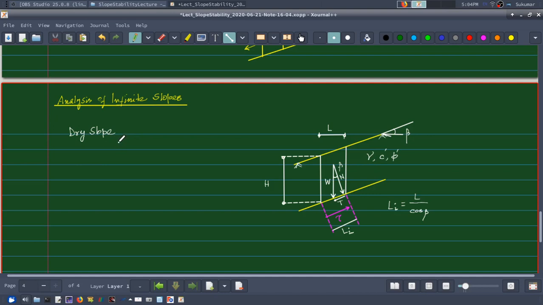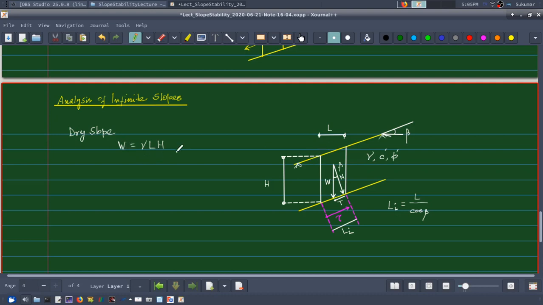Therefore I can now find the weight W of the soil mass considered. W will be gamma into L into h, into 1 in the perpendicular direction of the board, which we are not writing.